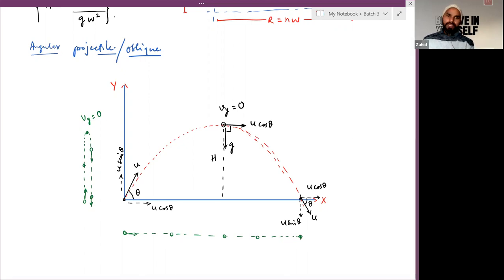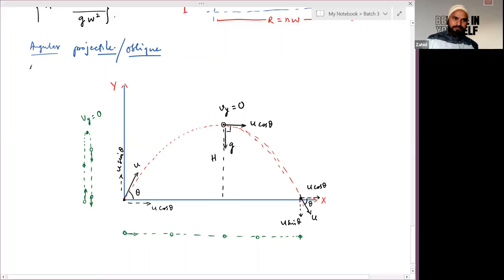One is along y-axis and the other is along x-axis. That's why it is termed as projectile motion. So we'll say a body is projected at velocity u at theta with horizontal.